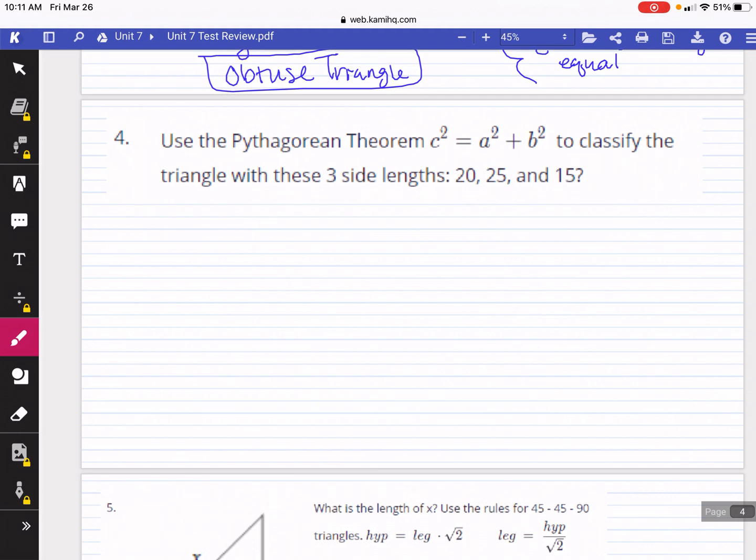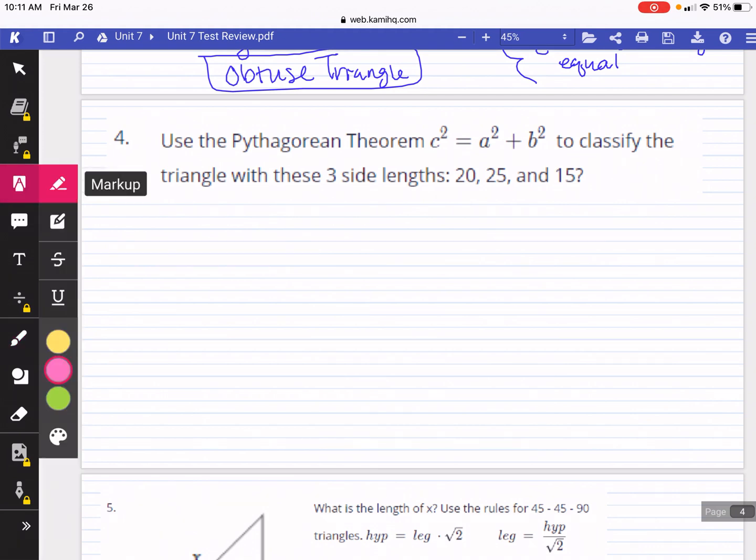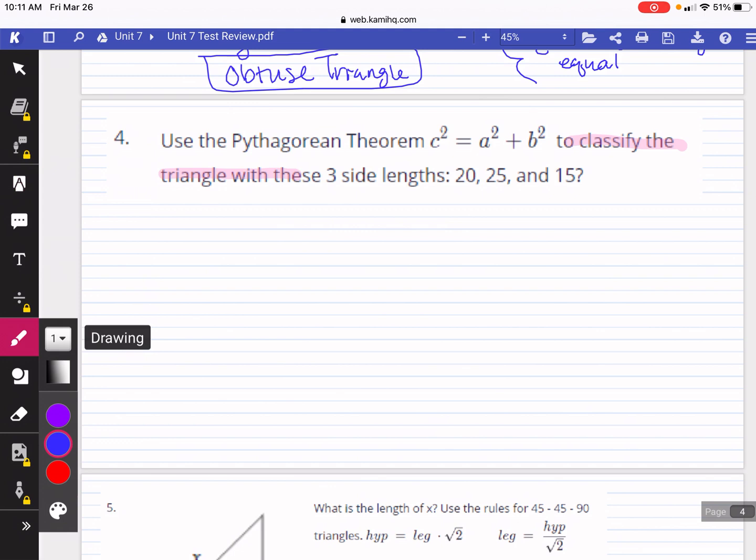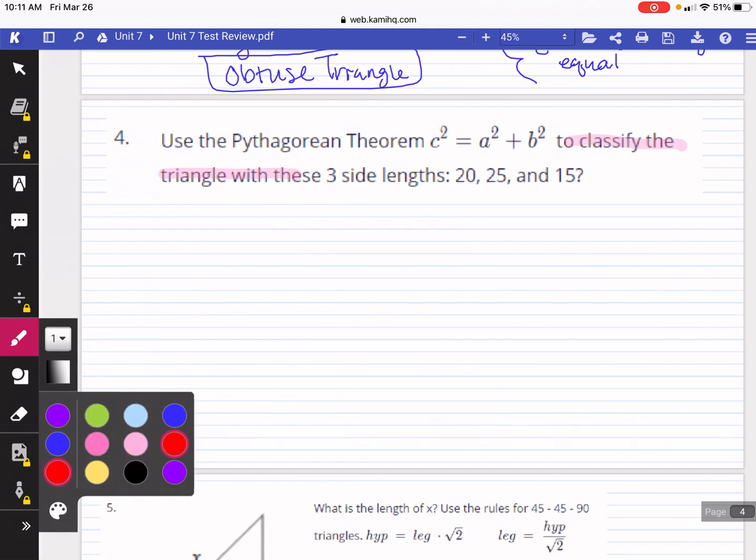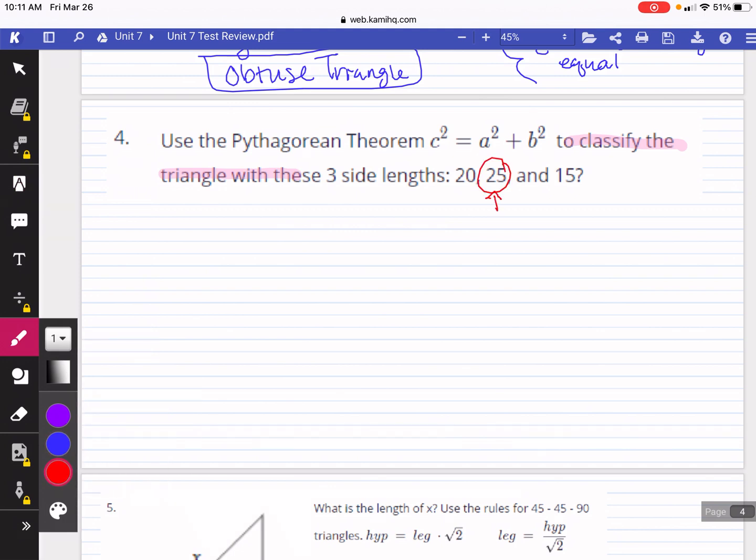This next question is the same type of problem. So here we're going to classify the triangle with these side lengths. If I look here, my biggest side is 25. So that has to be my C. A and B can be the two other sides. I'm going to plug in.